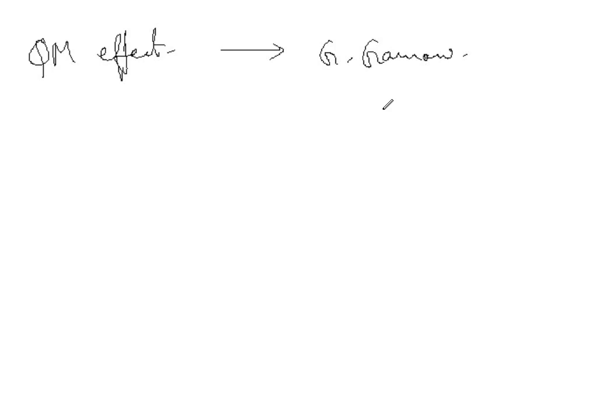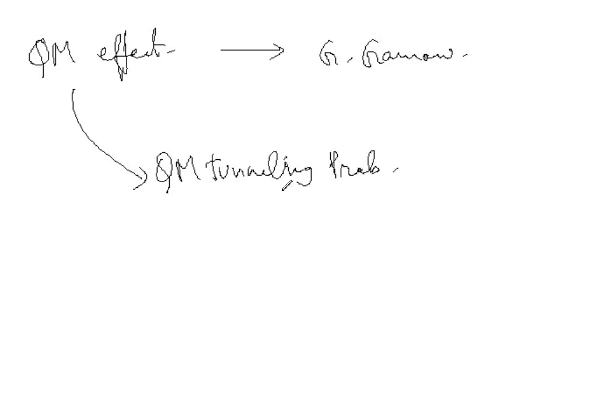So this finite probability of penetration through the Coulomb barrier is there, and this is the quantum mechanical tunneling probability. And this is present even for particles with energy lower than your Coulomb barrier. I am not doing the entire maths here, I am just writing down.